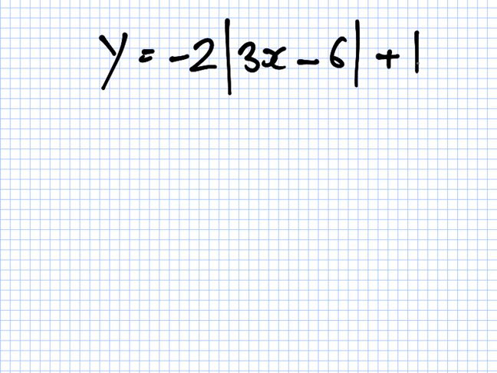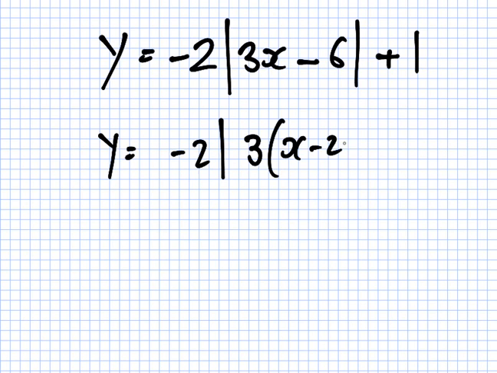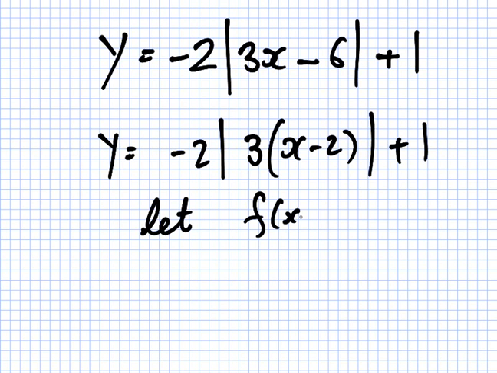Let me draw it for you. So first, we should take out what? The 3. And we're left with x minus 2 plus 1. Now if you want to make this clearer, we can say let f(x) equals absolute of x.